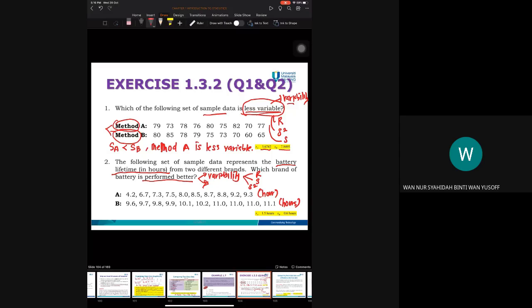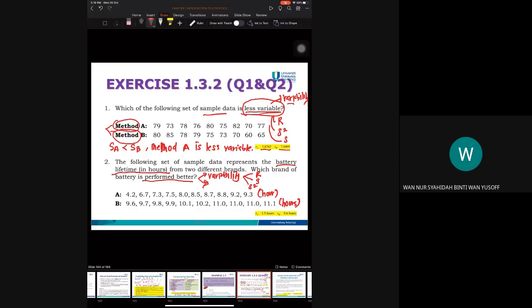So under variability, what is another value that we can calculate here other than the variability value? Median. Okay, so it is a measure of central tendency.